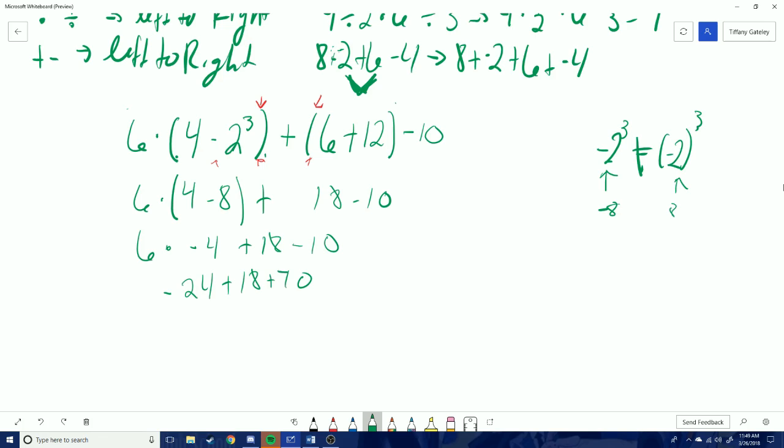Plus negative 10. Now because this is all addition, you can add in any order you want. I'm going to go ahead and do this first. So this is negative 24 plus 8, negative 16.